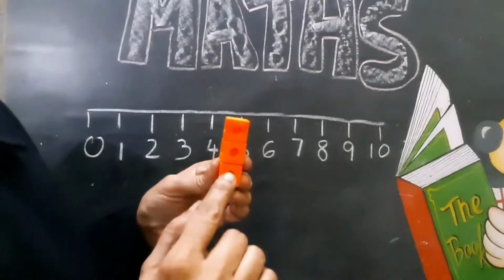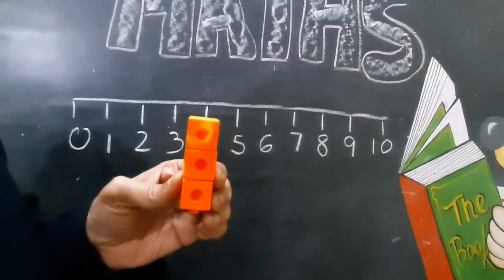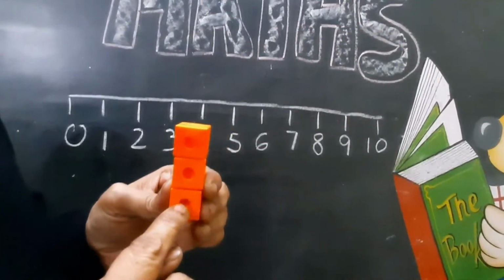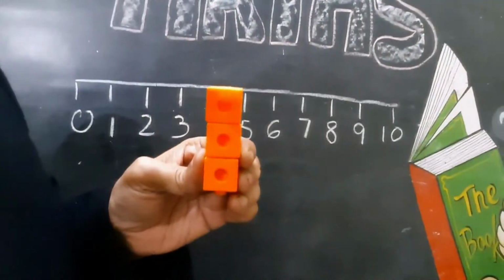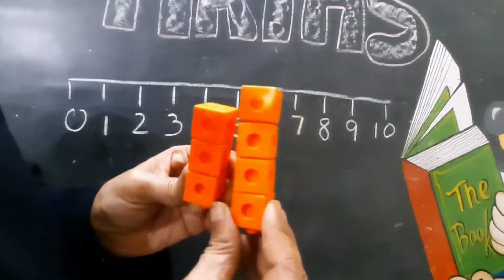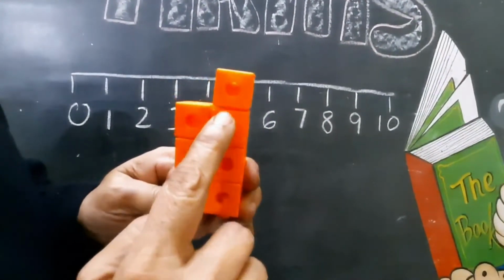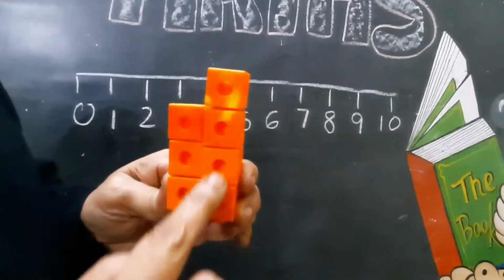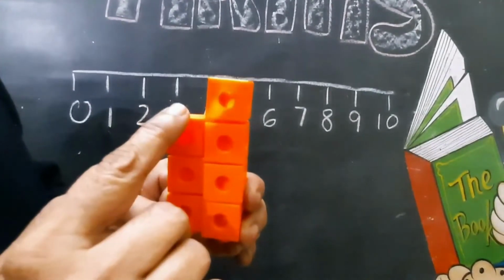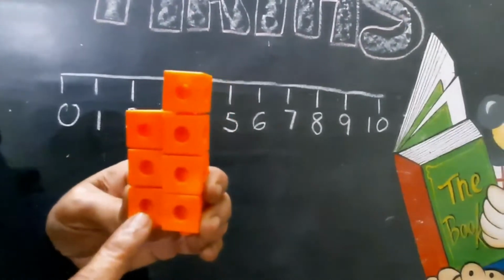See, these are cubes. Here are 1, 2, 3 cubes. And here are 1, 2, 3, 4 cubes.